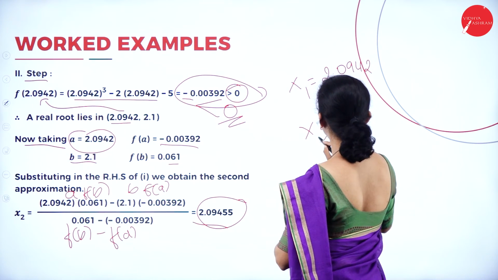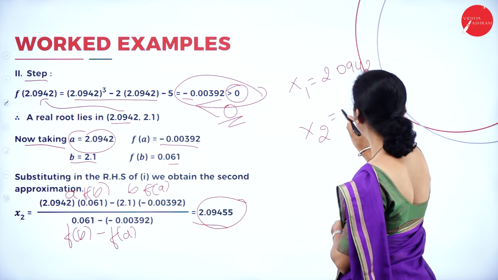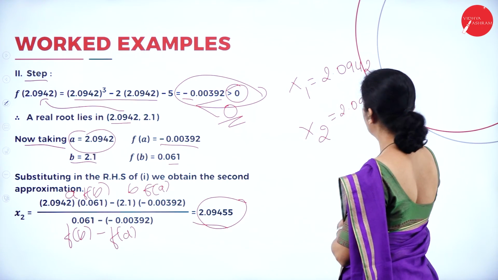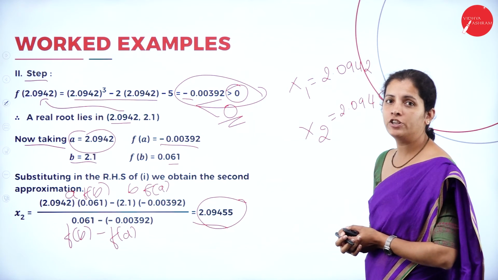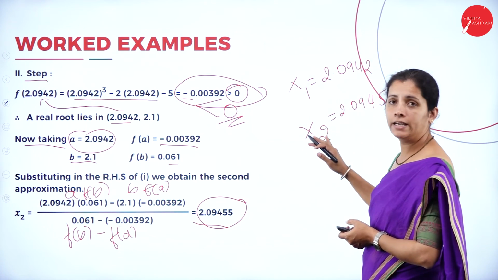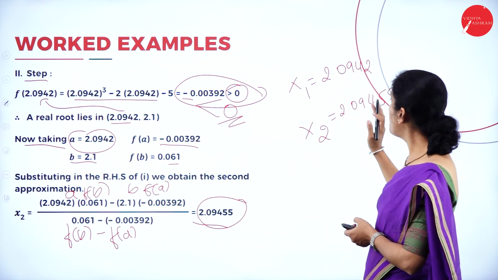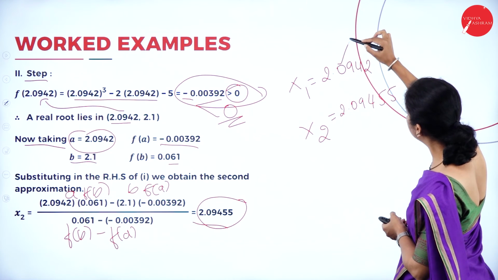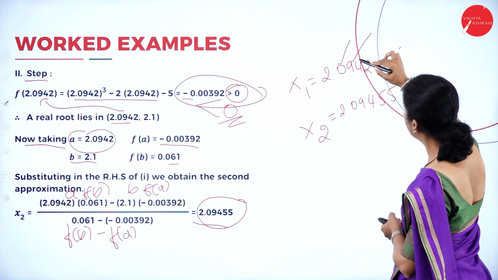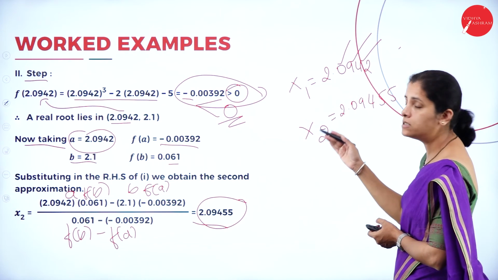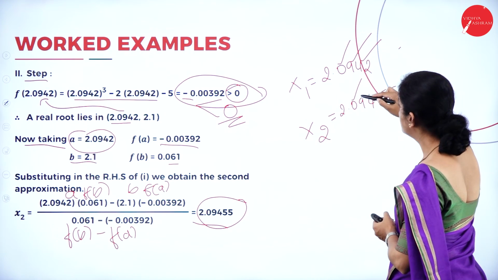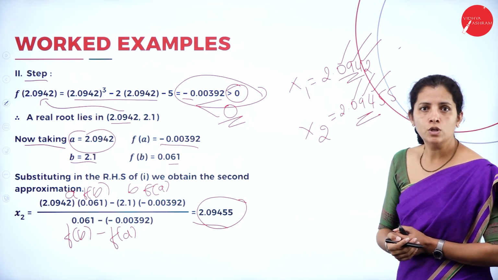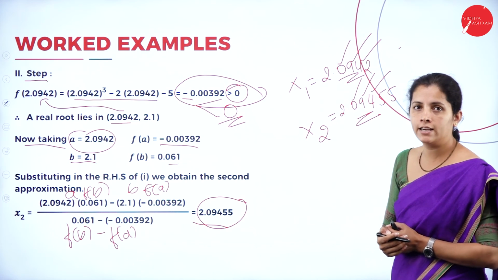And if I consider the present x2 value, it is 2.09455. Now, in the question, they mentioned that if both iterations have the same value in 3 decimal places, see here, this is my first decimal place, second decimal place and third decimal place. And if I consider the second value, that is first place, second place and third place, I have the same value. Here also I have the same value. So, I am able to stop the iteration.